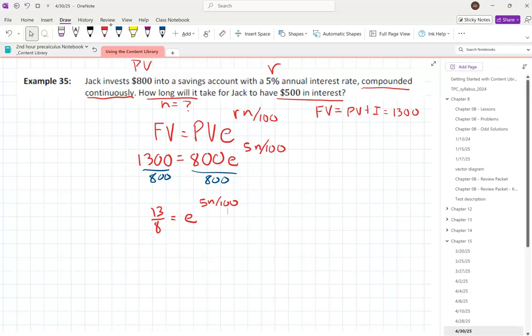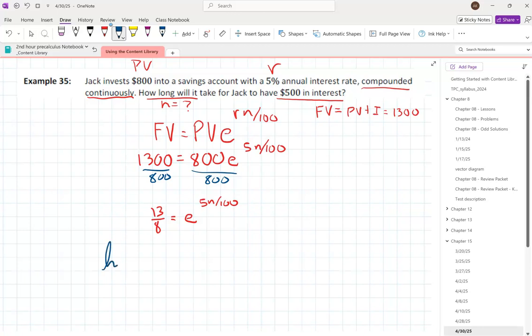I should choose the base of my logarithm to match the base of my exponential, which is e. So I want to choose log base e, which is also known as the natural log, or when I write it on my paper, I write ln.